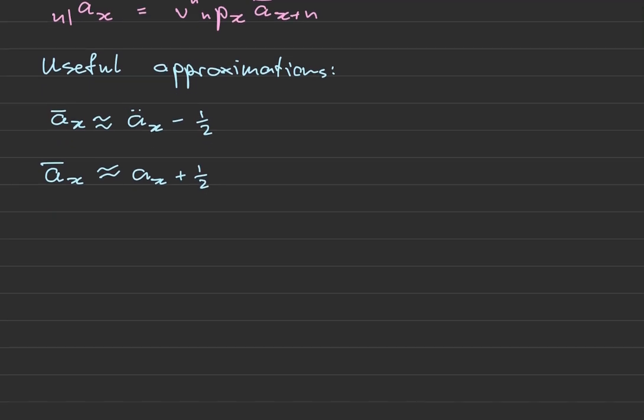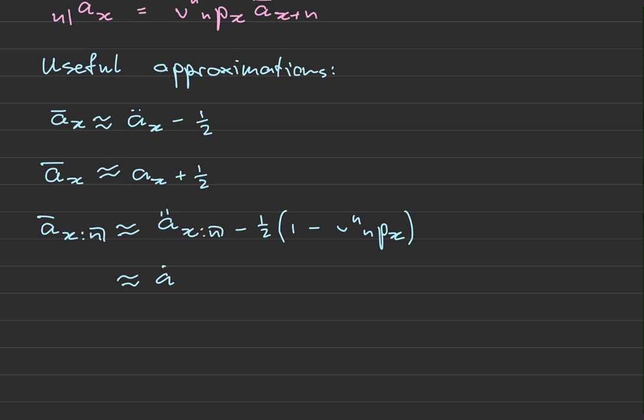And then we also have ā_x:n approximately equal to a_x:n minus a half into 1 minus v^n nPx. But this is not as intuitive for me, so I prefer to write this like this, and I'm going to explain all of these in a moment.